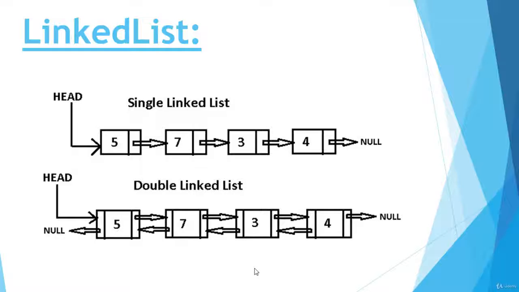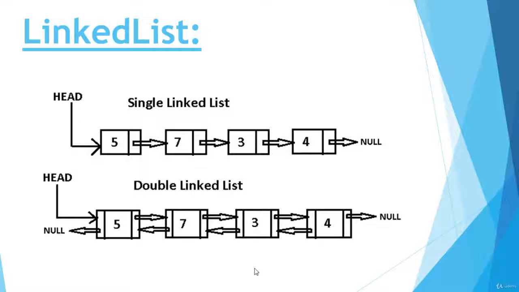In the double linked list, we have three parts. First of all, we have the address part that contains the address of the previous node. Then we have the data part in which we store our data. After that, third, we again have the address that contains the address of the next node.